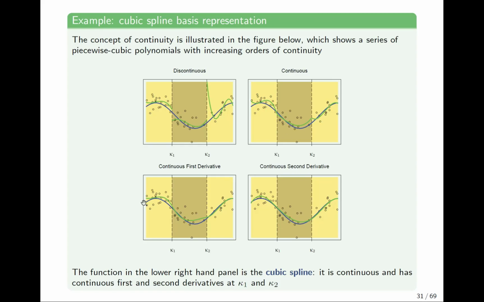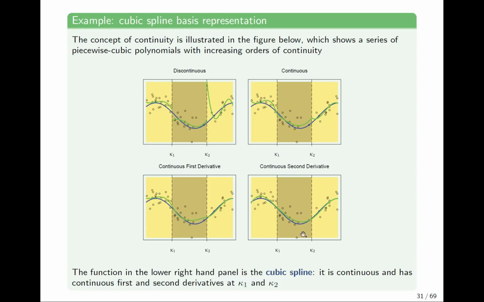We've now constrained the first derivative to be continuous, and that adds smoothness because the rate of change of the function has to be equated over the knot, not just the function itself, so it's much more smooth. And then requiring that the second derivative also be continuous at the knots produces a nice smooth function that nicely approximates the blue curve that we're trying to model.